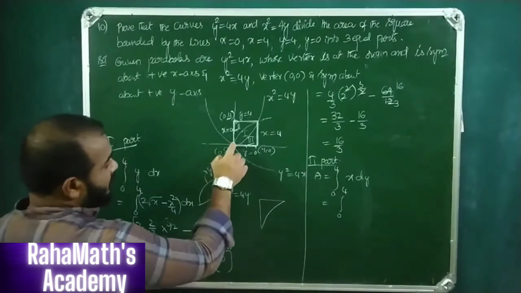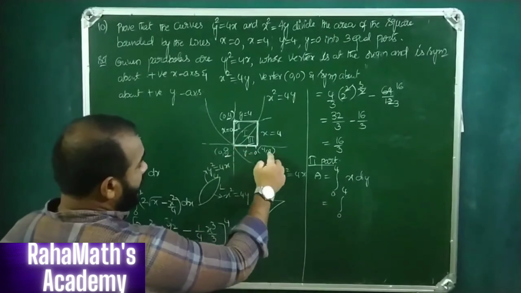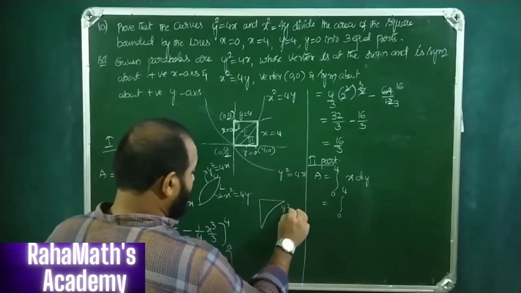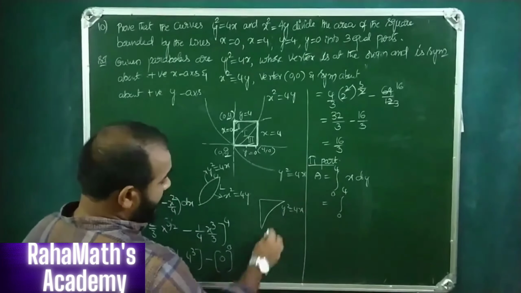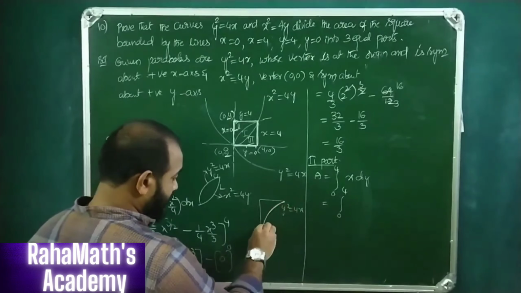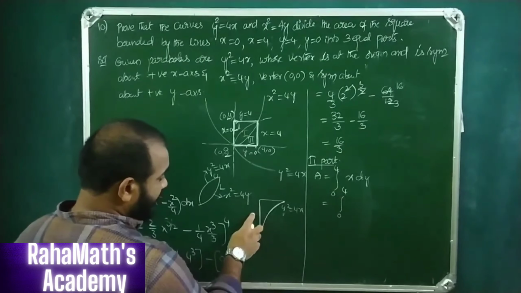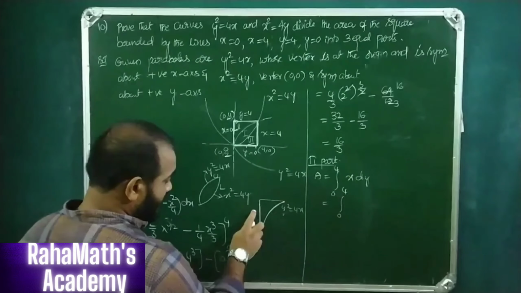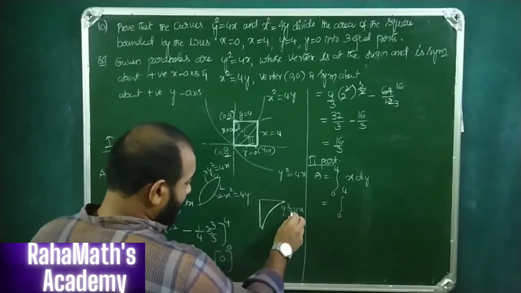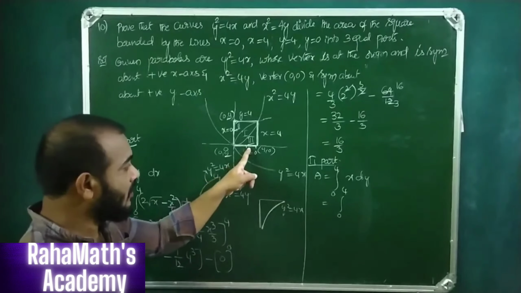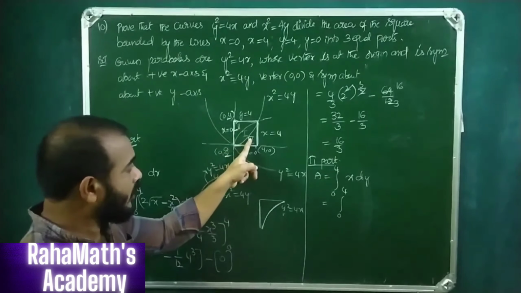This is the part of the y square equals to 4x curve, and this is the y axis. Y axis in the sense x equals to 0. As far as the x axis is concerned, upper curve minus lower curve.